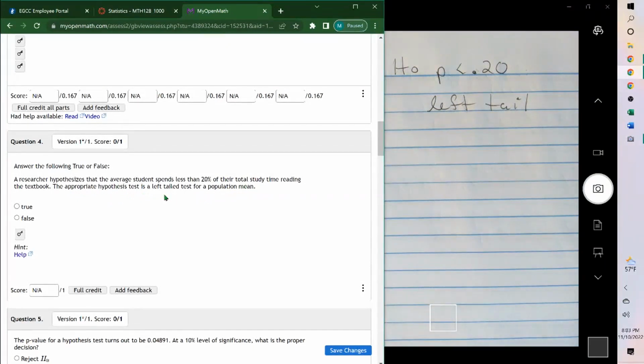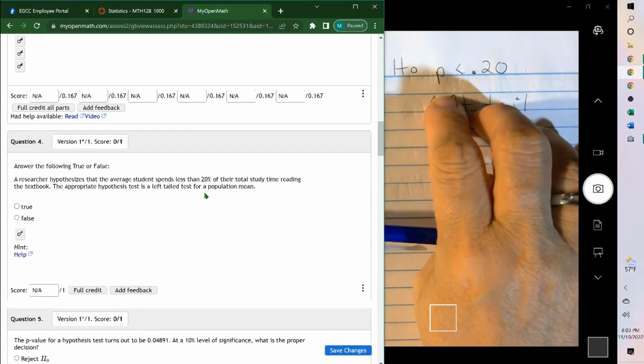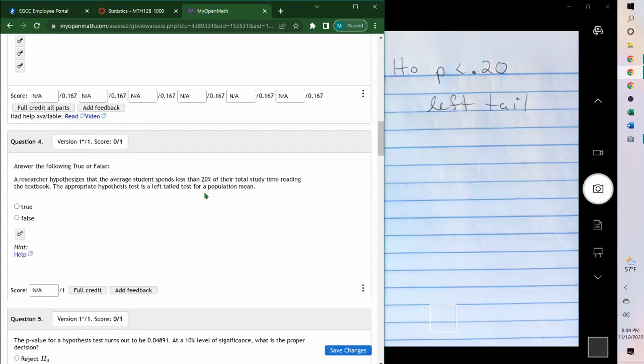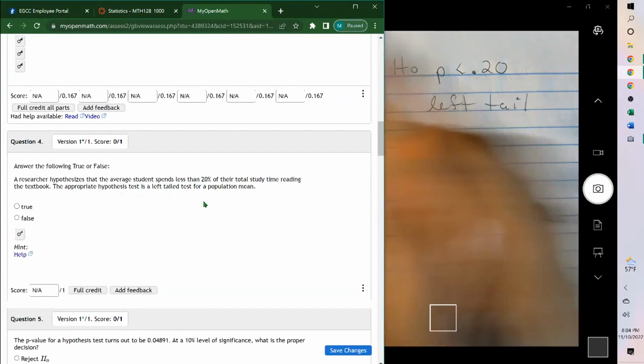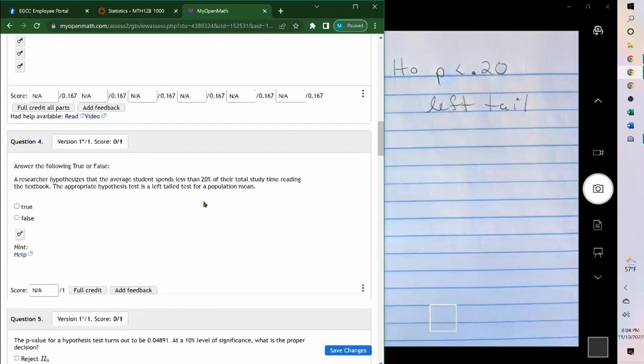Now, it is a left tail test, but this is a proportion, 20%. So it's P, not mu. So when it's a percent, that's a proportion. So this would be false.